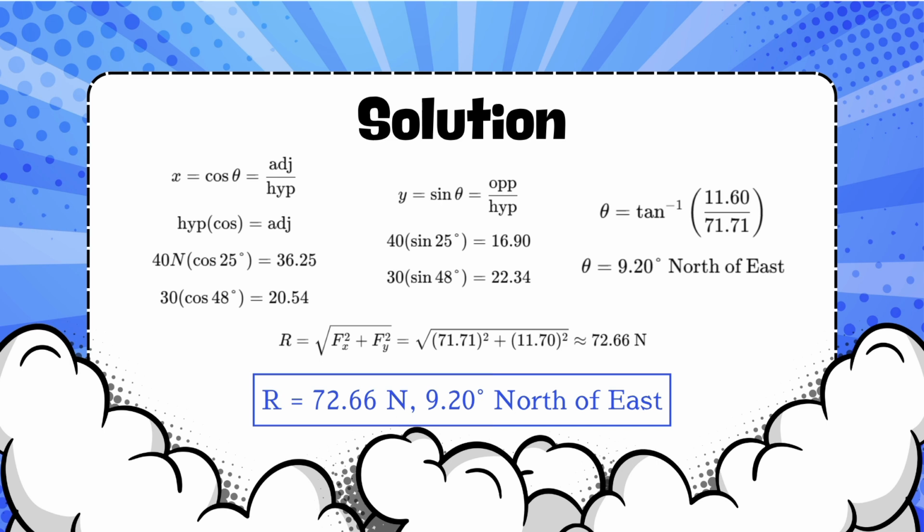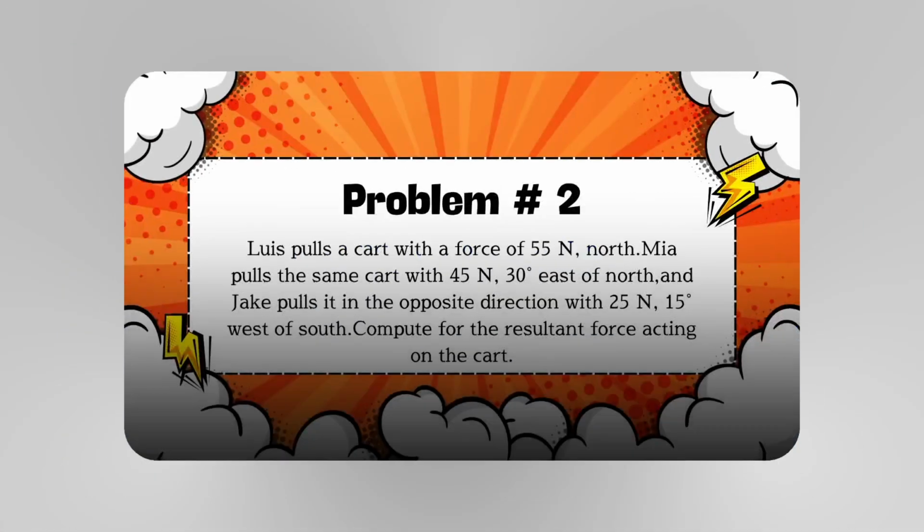In this case, shift tan 11.69 over 71.71, and we will get the answer of 9.26. And the direction it is facing is north of east. Now we have the final answer, 72.66 newtons, 9.26 degrees north of east.